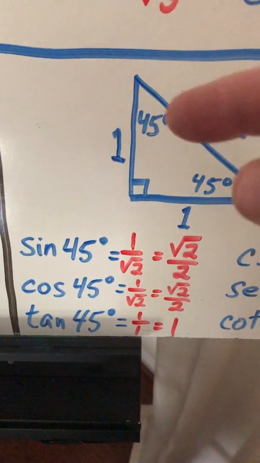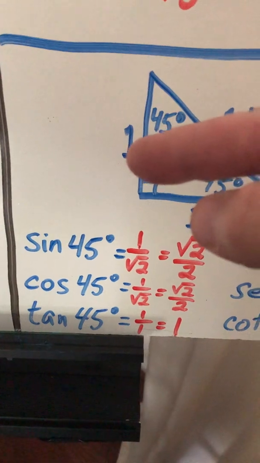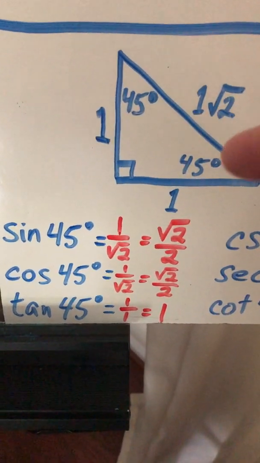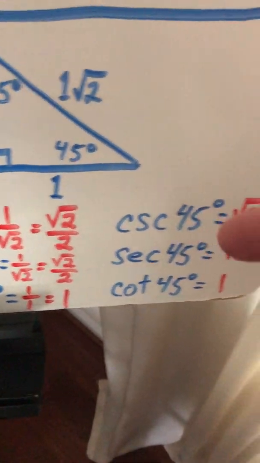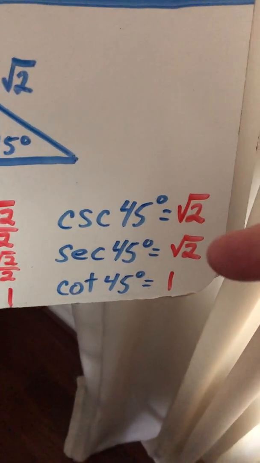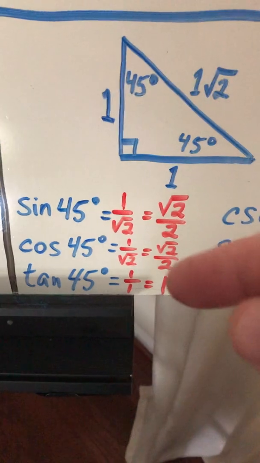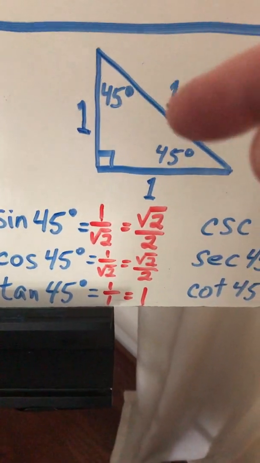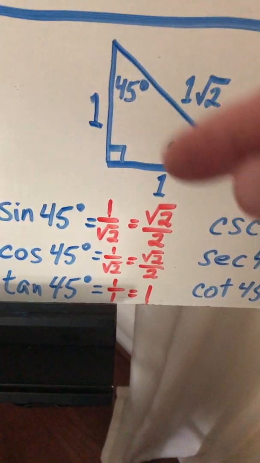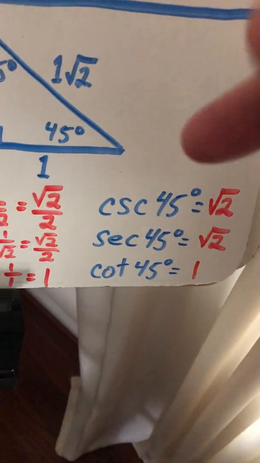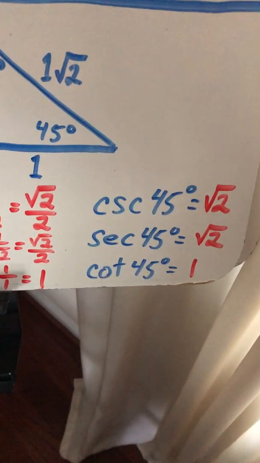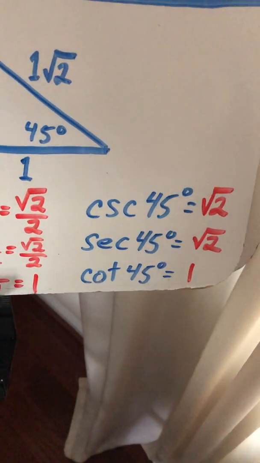Notice that cosine of 45 is also 1 over square root of 2, or square root of 2 over 2. So secant of 45 is also square root of 2. Tangent of 45 is opposite over adjacent, 1 over 1, which is 1. So cotangent, if you flip 1 over 1, you still get 1 over 1, which is 1. Okay?